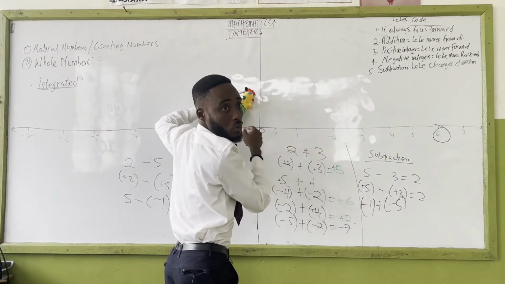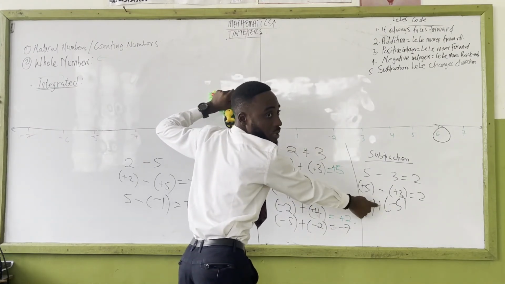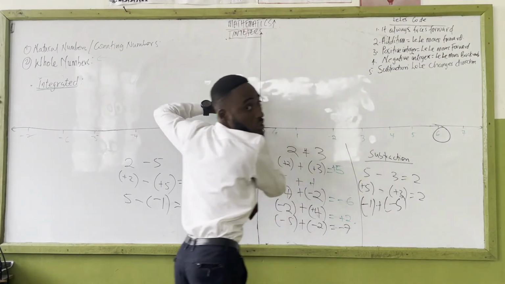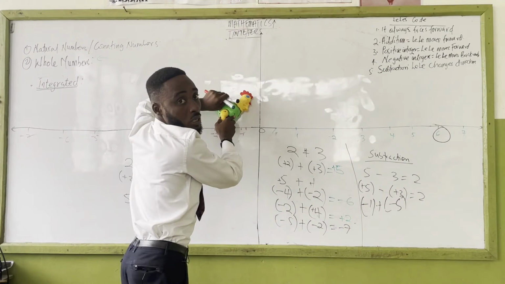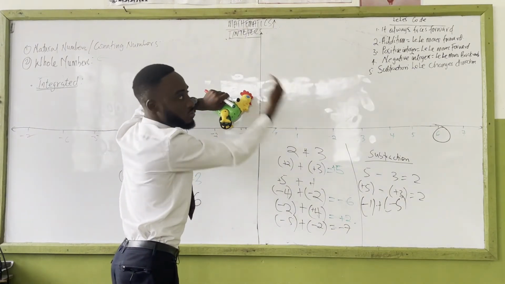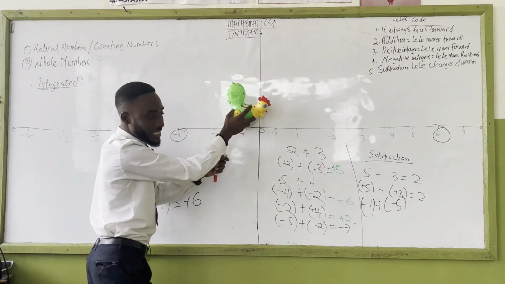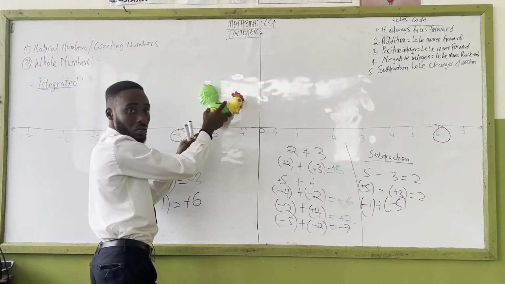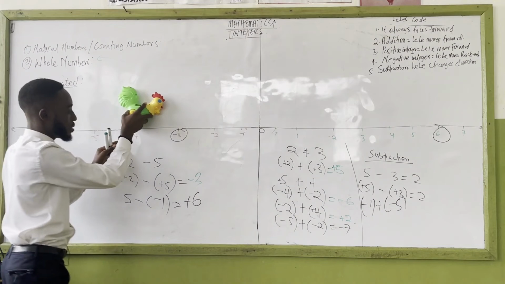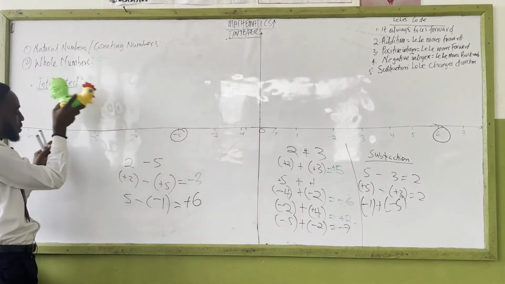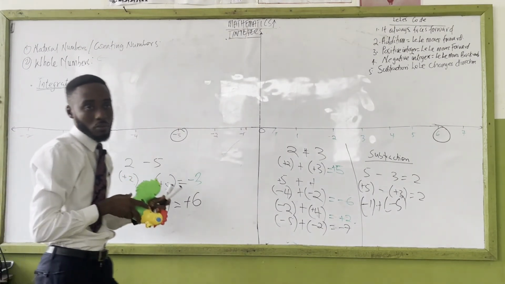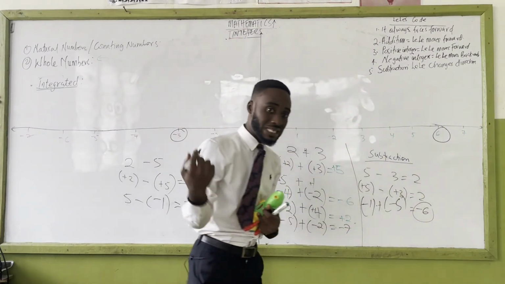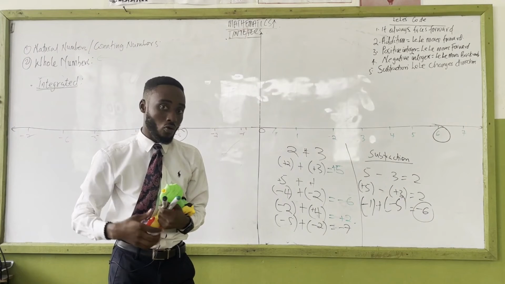Plus negative 5 means if you're adding a negative, Lele moves backward. Do you get that? Yes. So negative 1 plus go backwards 5 times. 1, 2, 3, 4, 5. So he lands on what? Negative 6.